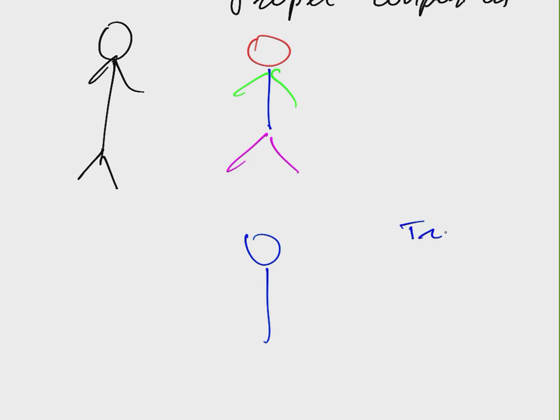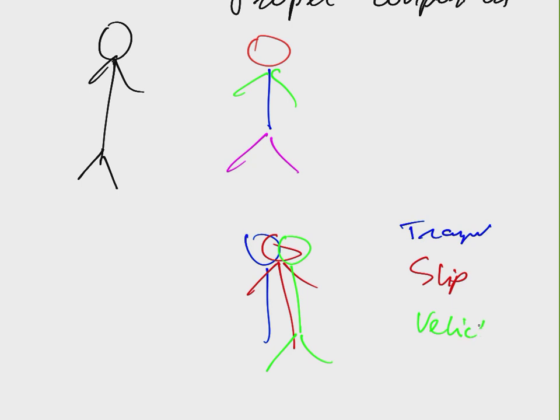Then we have ship part. And then we have vehicle part. And of course, everybody who can count will say that this is not a proper human created with different parts.